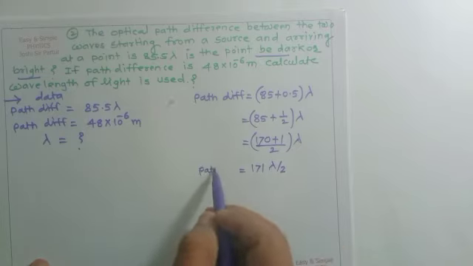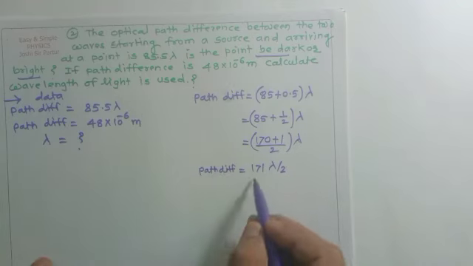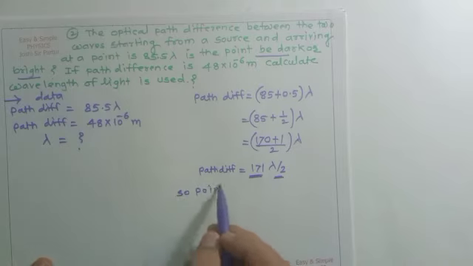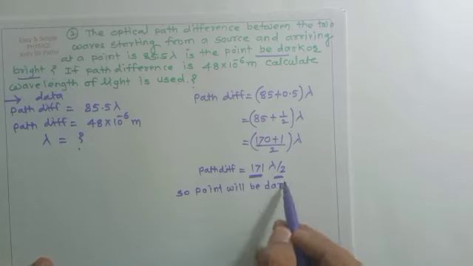That will be the given path difference. Means if the path difference is an odd integral multiple of half the wavelength, the point will be dark. The point appears as dark.